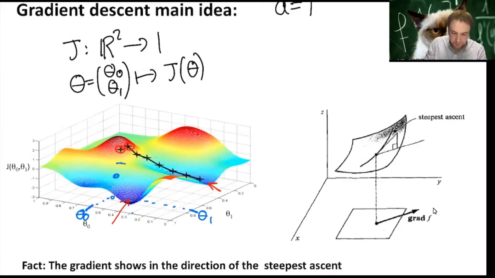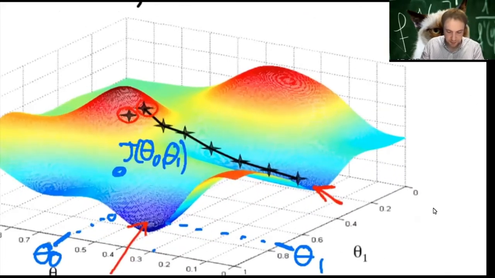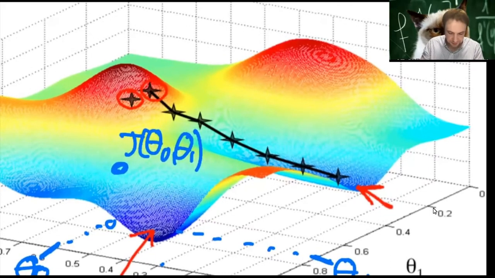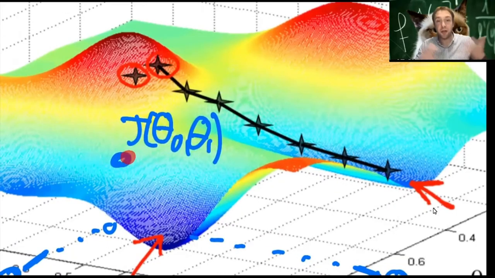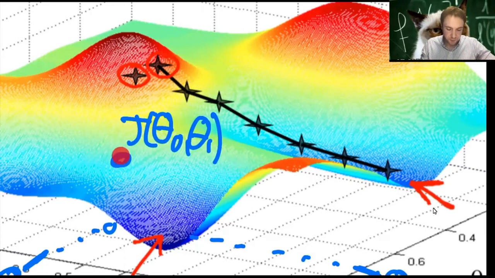So here I have J of theta 0, theta 1. Now I want to decide at this point, maybe the picture is not so nice here, where should I go? If I stand here on the hill, I need to decide in which direction I go. In this case, we see that in this direction it goes up, so we should go in the other direction.